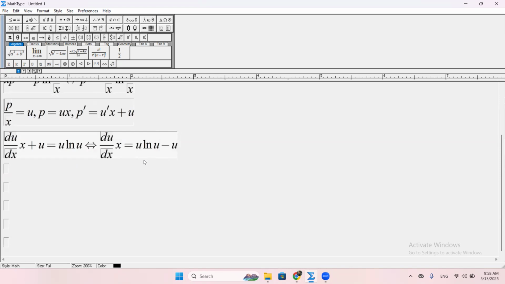Then du over u logarithm u minus u equals dx over x.